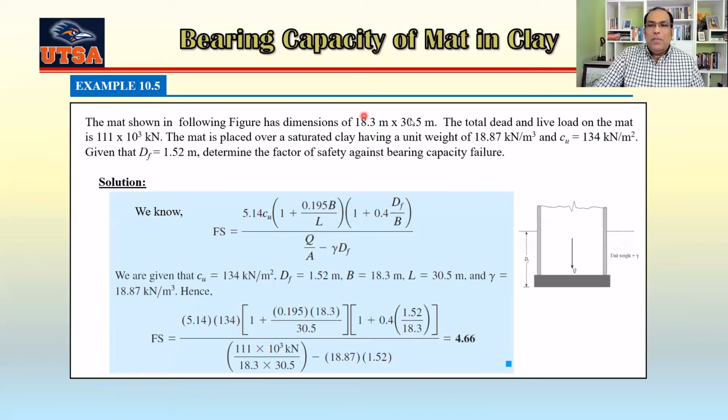That's this multiplied by this, the area of the mat. Your Df is given 1.52, your unit weight is 18.87, and your Cu is given 134 kilonewton per meter square. So you just plug all those values here and you find your factor of safety is 4.66.